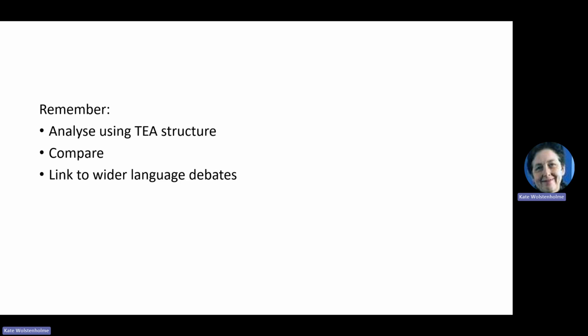Or it's typical for the general public to disapprove of young people's language, or this fear of language change due to technology has always existed, or whatever. Okay, so just naming those positions. So in total, you've got 40 marks there, 25 for the TEA bit and 15 for the other bit.